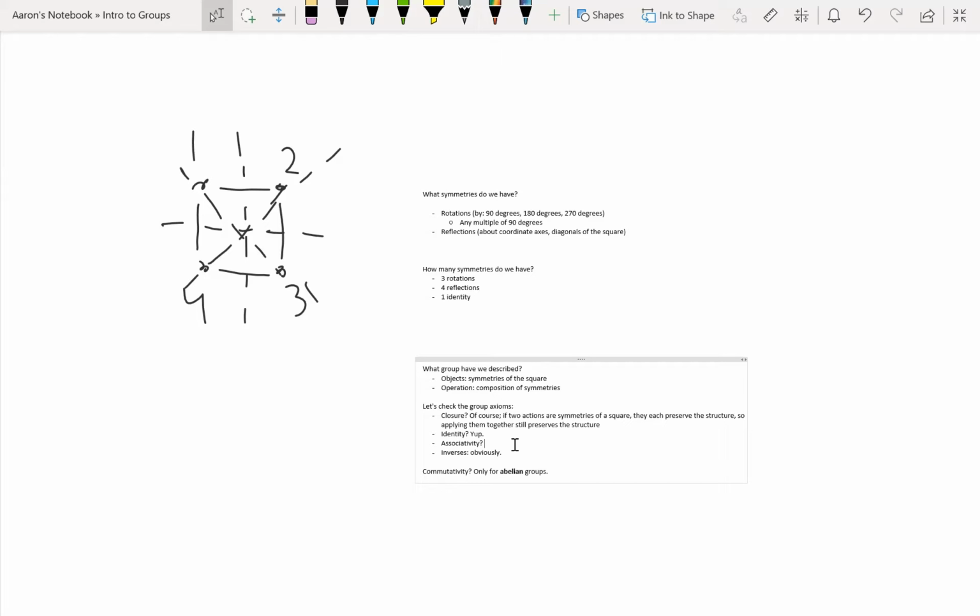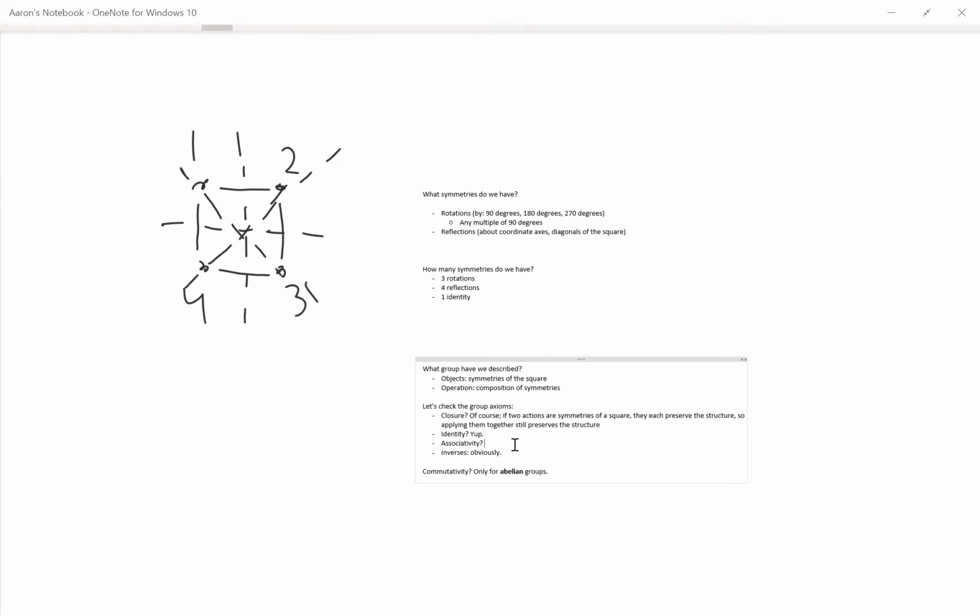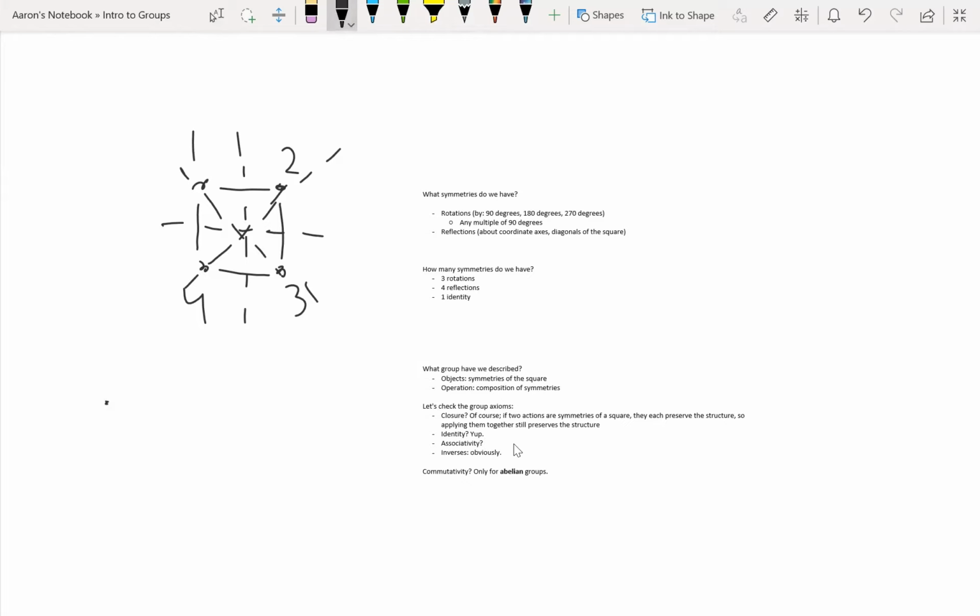And they are. But associativity means that if I take two rotations, apply them one after another, and then apply a reflection, it doesn't matter if I first... if I were going to draw a square over here, say, what happens if I rotate by 90 degrees and then I reflect about this axis?